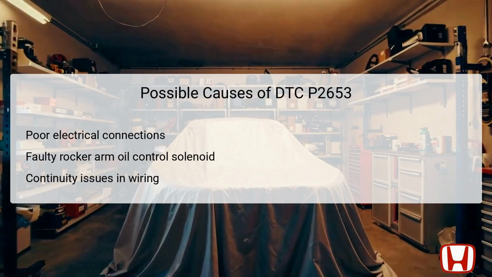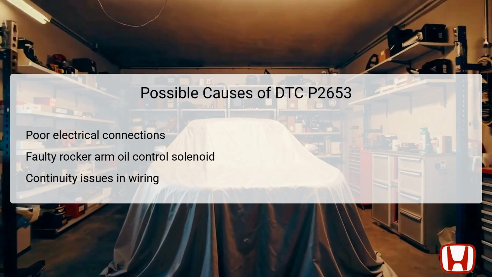Several factors can lead to the triggering of DTC P2653. Firstly, poor electrical connections at the rocker arm oil control solenoid B, or the powertrain control module, PCM, may disrupt the signals necessary for proper operation. Secondly, the solenoid itself may be faulty, causing insufficient voltage transmission to the system.